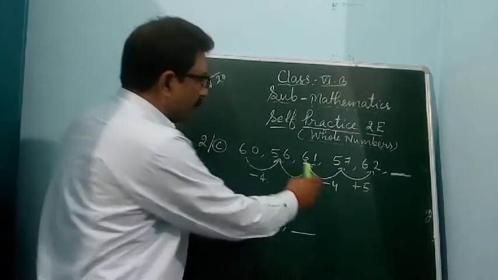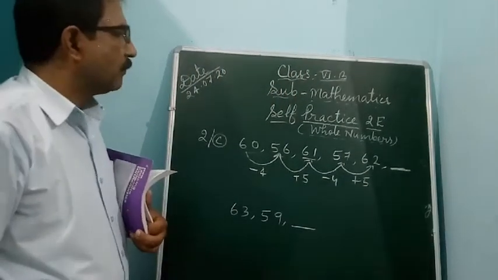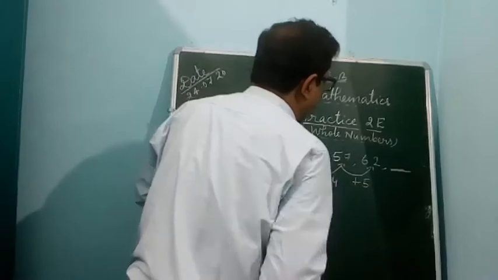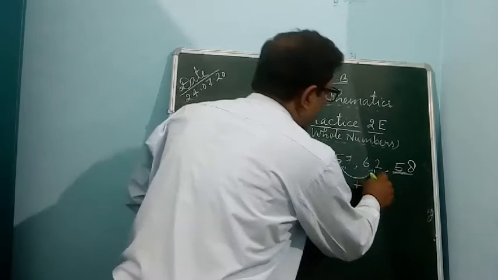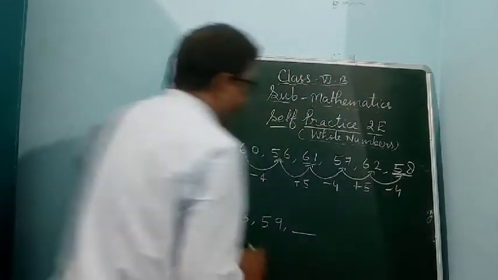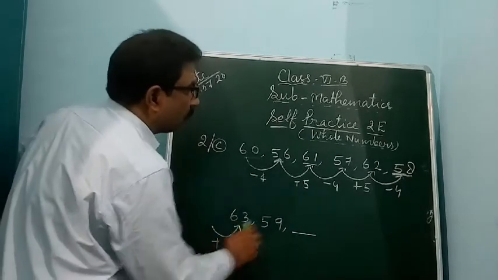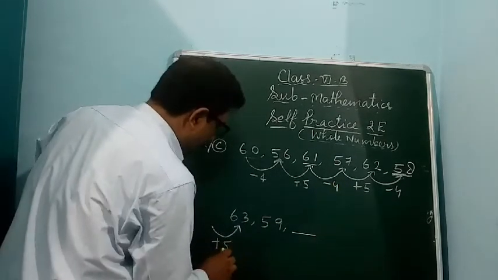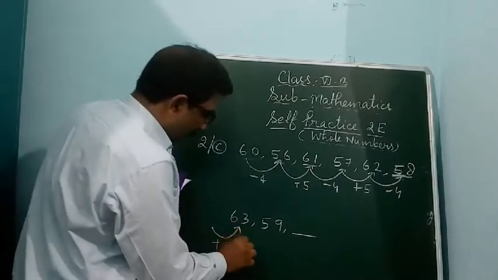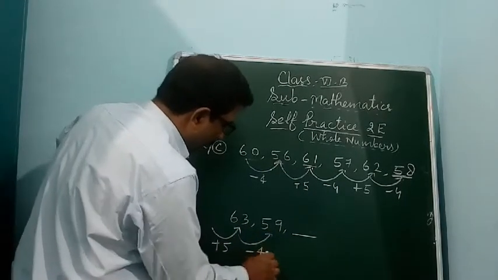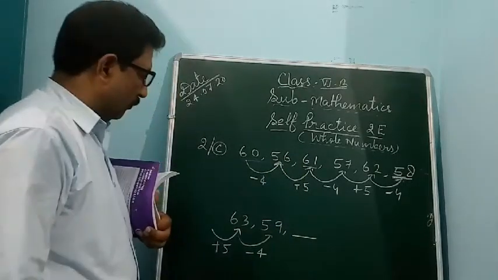Again minus 4: 62 minus 4 is 58. Then plus 5: 58 plus 5 is 63. Again 63 minus 4 is 59, which is given.